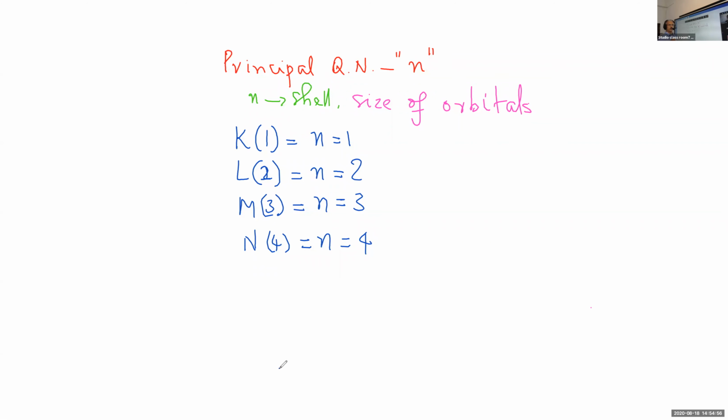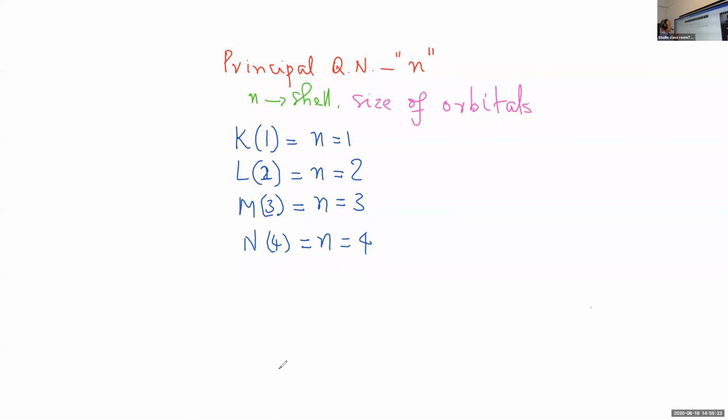N is equal to 4, still larger orbital. So higher the order of the principal quantum number, larger is the size of the orbital. That is why I told you it gives an idea regarding the size of the orbitals also.